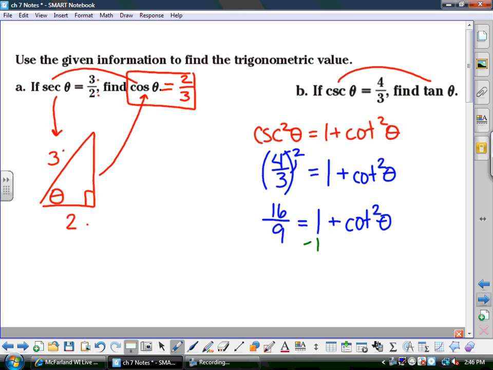Subtract 1 from both sides, and 1 is like 9/9 to get a common denominator. So 7/9 equals cotangent squared.